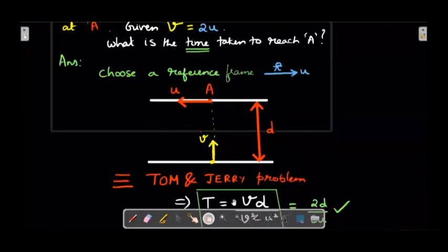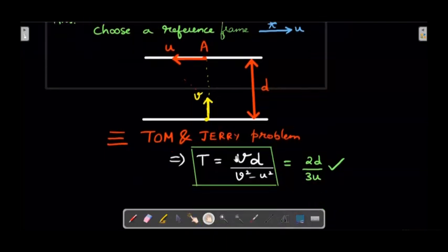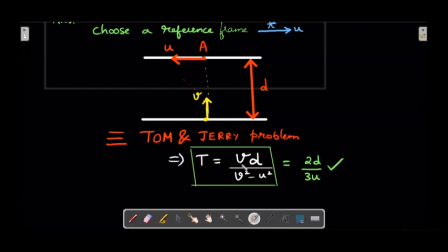It's clear it will reach, right? Because it boiled down to becoming a Tom and Jerry problem. Once I use this frame of reference, it became this, and this we have already solved, that it becomes a V square minus U square kind of term. So whenever V is more than U, it becomes that. So we didn't assume, we went ahead and got a possible answer that it does reach.